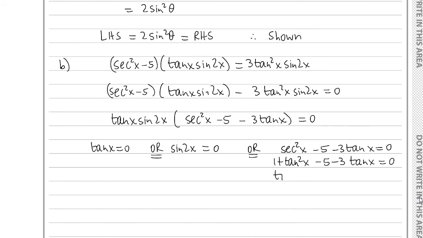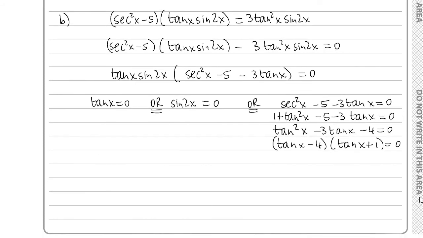This will lead to a quadratic: tan squared x minus 3 tan x minus 4 is 0, which factorizes into (tan x minus 4)(tan x plus 1) is 0. So we have tan x is 4, or tan x is minus 1.